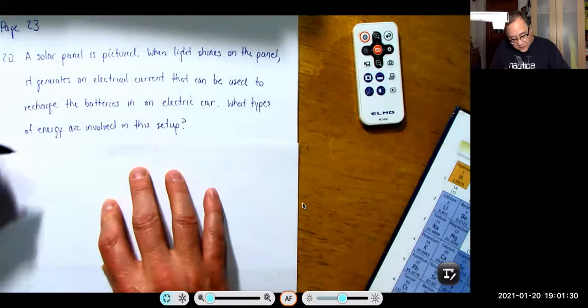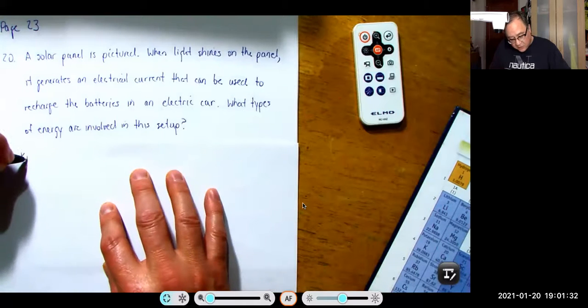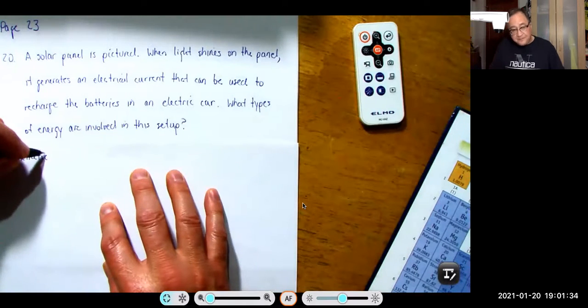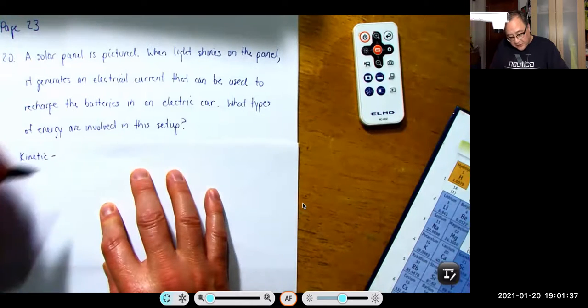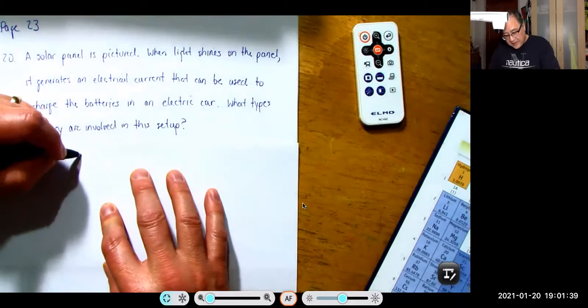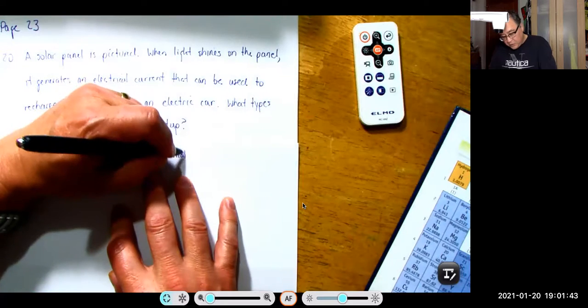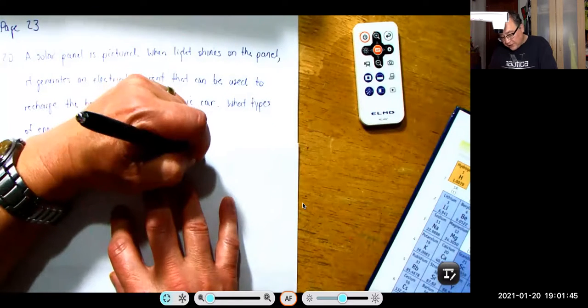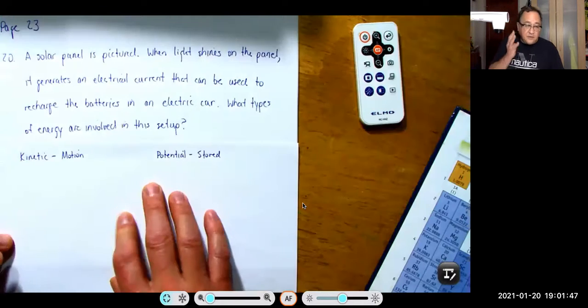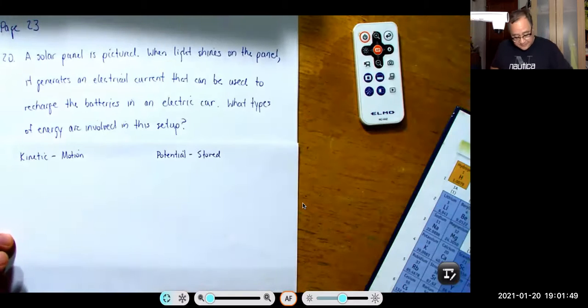So here, the two types of energy that we normally talk about are kinetic energy, which is the energy of motion, and potential energy, which is stored energy. I'm going to give you 4 examples of kinetic energy.